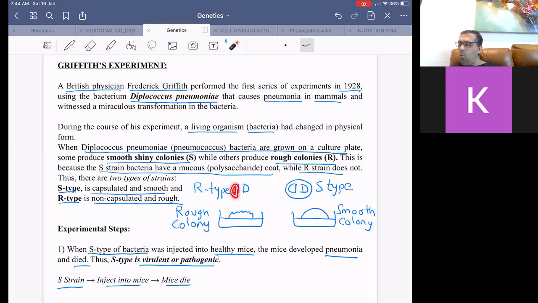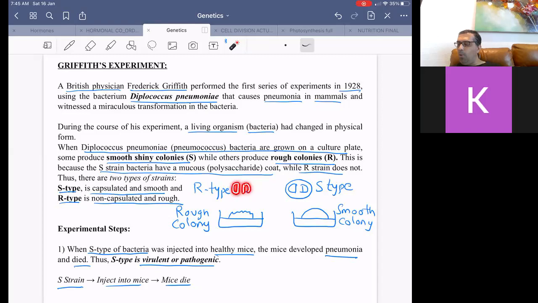Diplococcus pneumoniae is a bacterium that causes pneumonia. The bacteria cause pneumonia of the lungs. During his experiments, what did he do? He took Diplococcus pneumoniae and grew it on culture plates and found there are two types of bacteria.